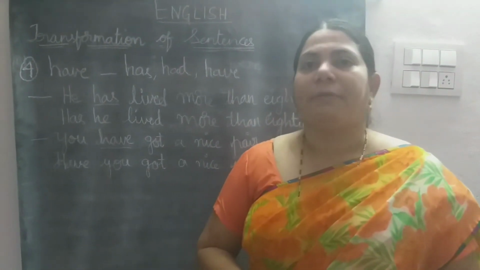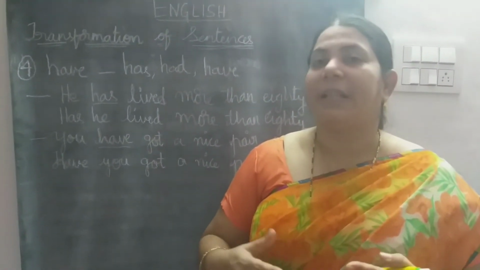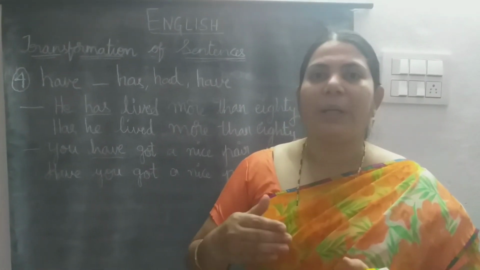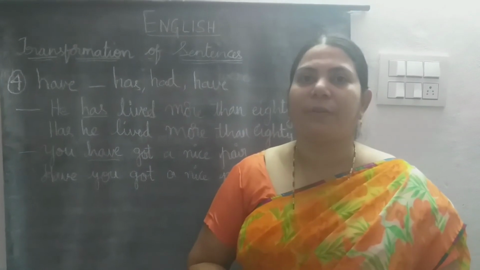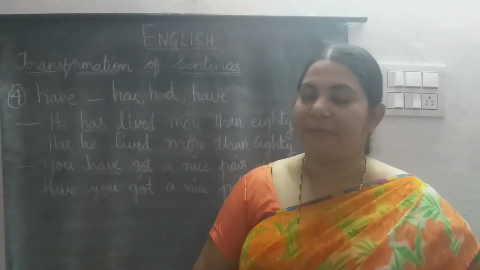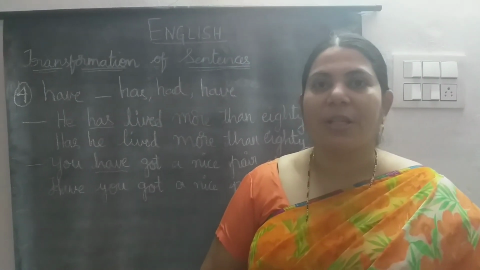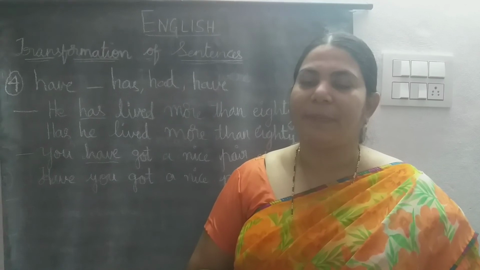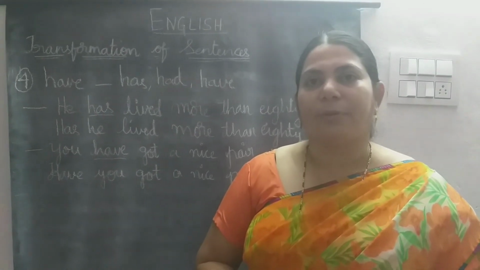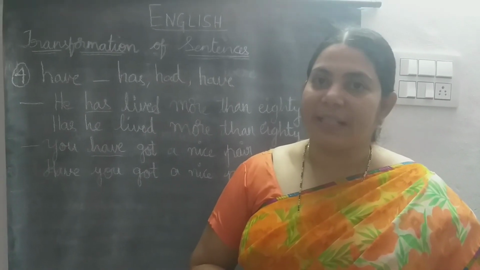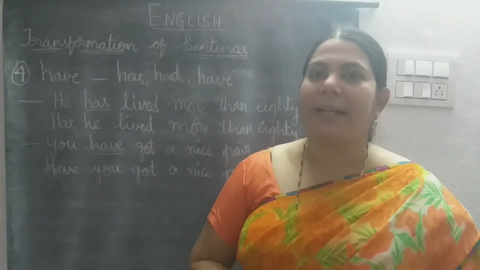For the declarative sentences in which we get these kinds of auxiliary verbs, we directly change the position of the auxiliary verb. But for the second type, which we discussed earlier, in which there is no helping verb or auxiliary verb, there we have to see the tense of the main verb, as we discussed: do, does and did.